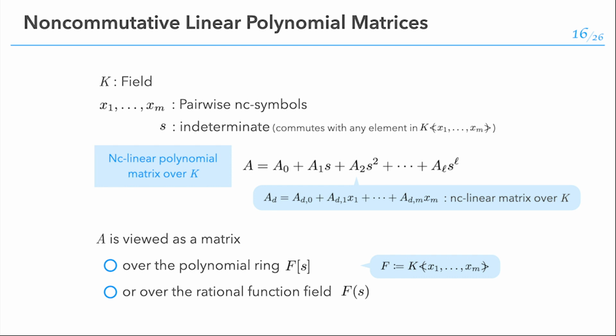Then an NC linear polynomial matrix over K is a matrix A in this form. This is a natural extension, where each coefficient matrix Ad is an NC linear matrix over K. Then, A is viewed as a matrix over the polynomial ring F[s] or over the rational function field F(s). Here, F is the free skew field over K in x1 to xm.